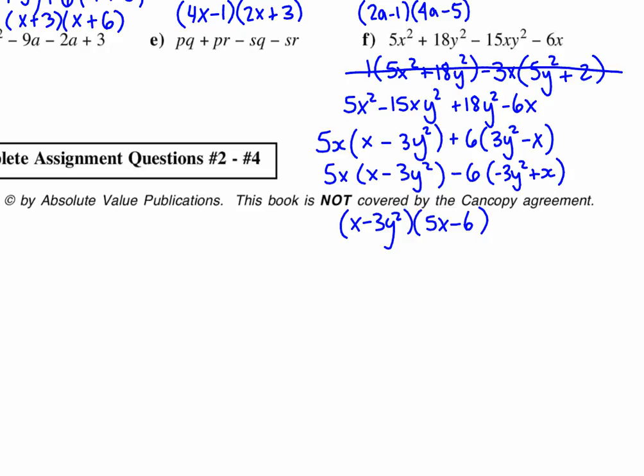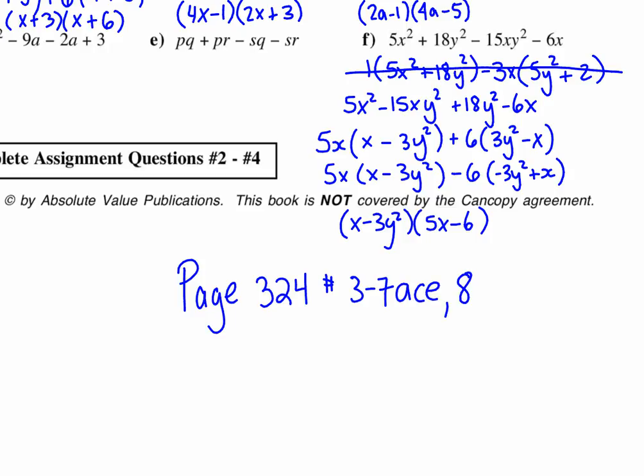Okay? Now, your homework for tonight, it's on your sheet, but I will write it down. Page 324, a bunch of it's really quick GCF stuff. 3 to 7 ACE, 8A and 9A, 10 and 12 to 16.